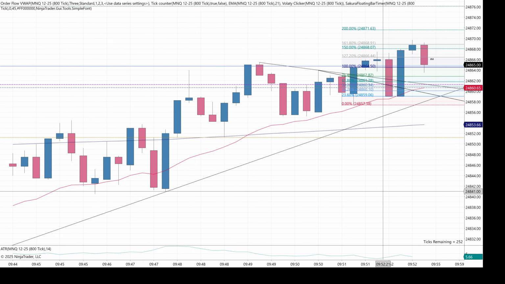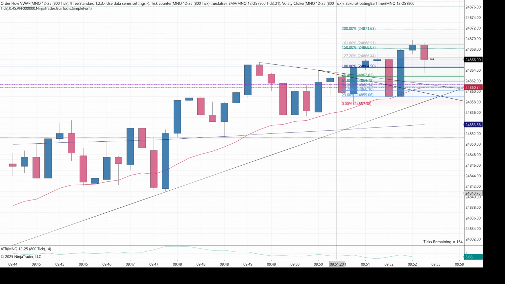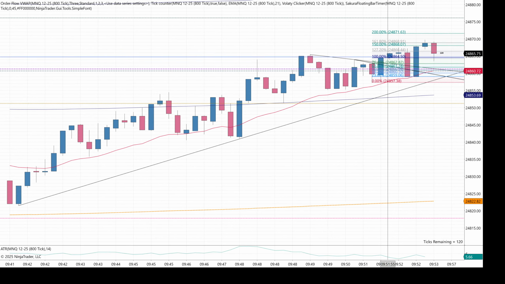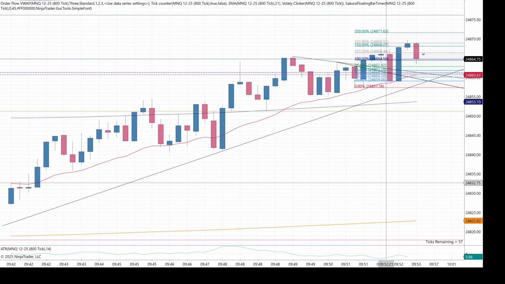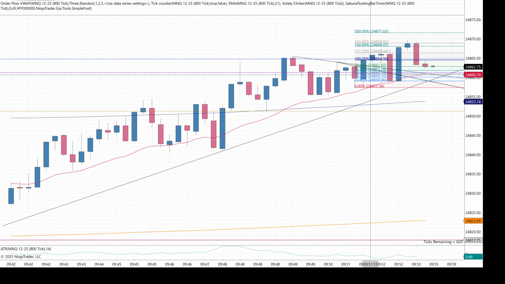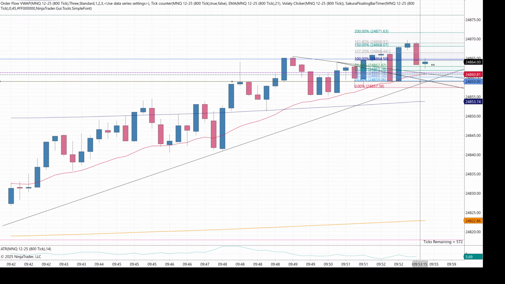Okay, did not. Alright, I still like the way I traded that. The move's technically not over yet, so anything can happen. Our golden ruler does move up.